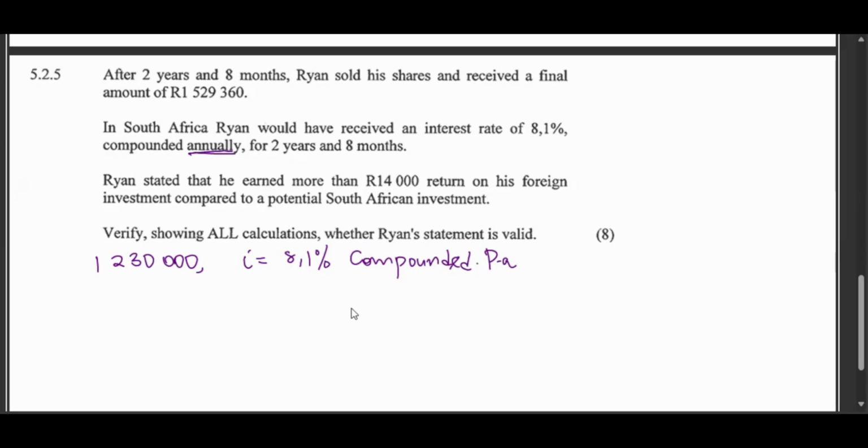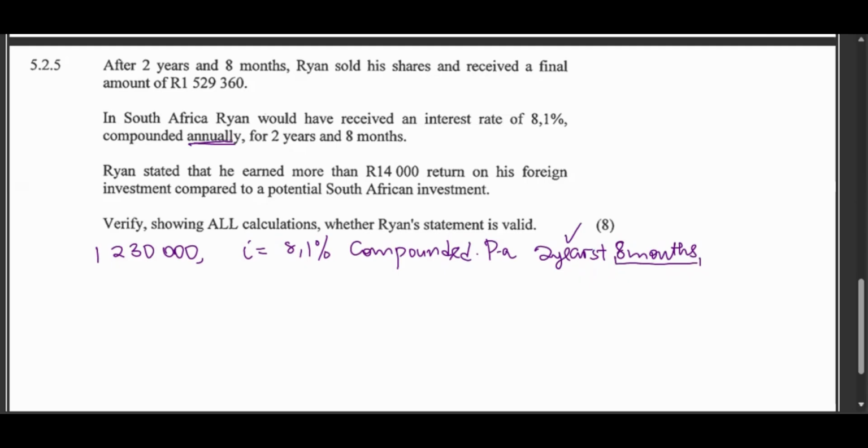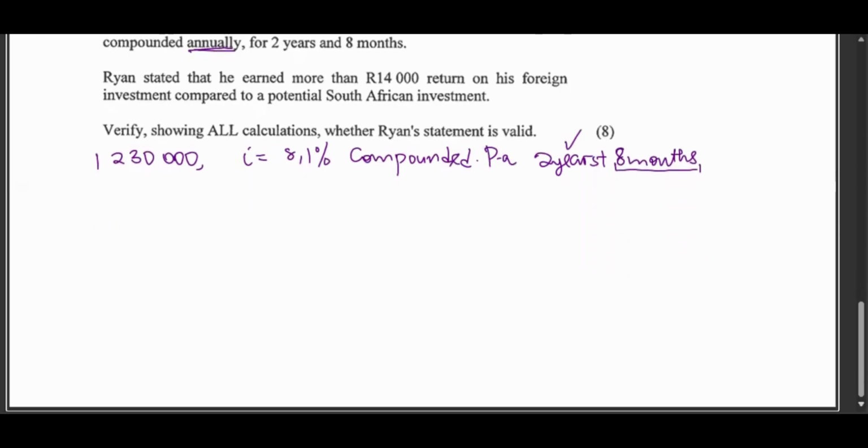But for how long? You're looking at 2 years and 8 months. So what you have to know here is that the 8 months will turn into a year, or we shall see how to do that. But first and foremost, we need to look for how much is the money in 2 years. So since it's compound interest, it's increasing.